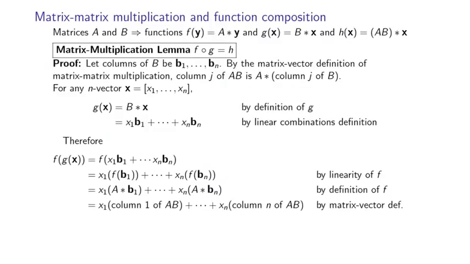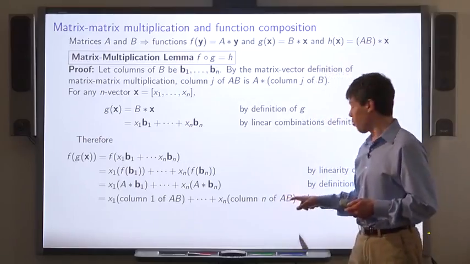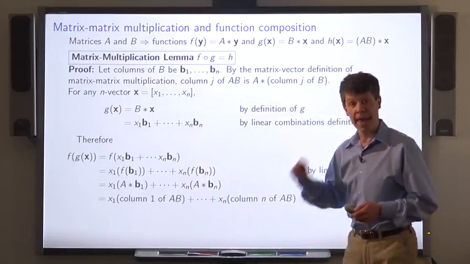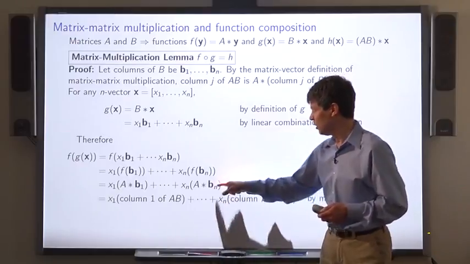And now using the matrix-vector definition of matrix-matrix multiplication, column 1 of AB is A times column 1 of B, which is A times b1. Similarly, column n of the product AB is the same as A times column n of B, which is A times bn.